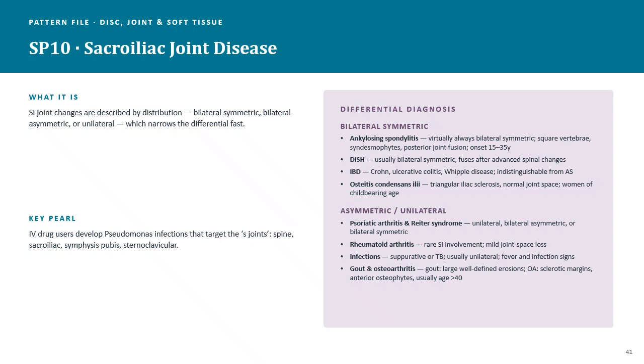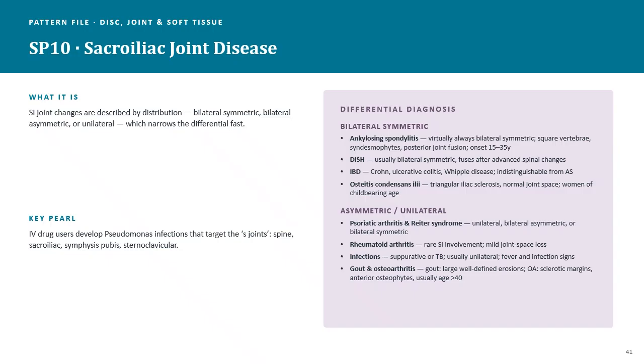Now, if both sides are involved, but they somewhat look different, they're not symmetrical, they might start thinking about other conditions like psoriatic arthritis or also reactive arthritis. If we're seeing an abnormality that's only on one side, they might start to think about maybe some type of infection.